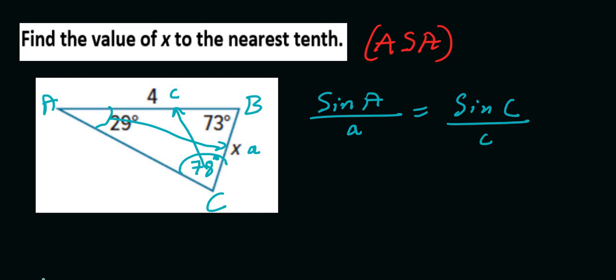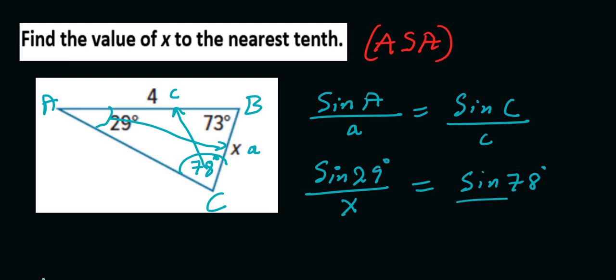Now let's plug in the values. Sine 29 degrees over X equals sine 78 degrees over 4.